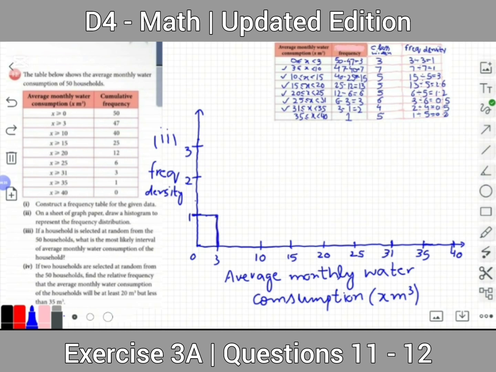Now for the class interval 3 to 10, we will draw a bar of the height 1 again. Now for the class interval 10 to 15, we will draw a bar of the height 3.